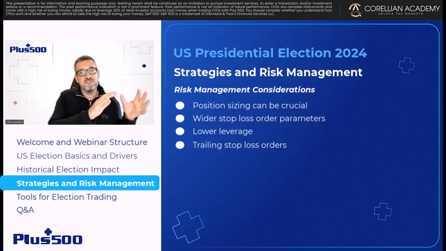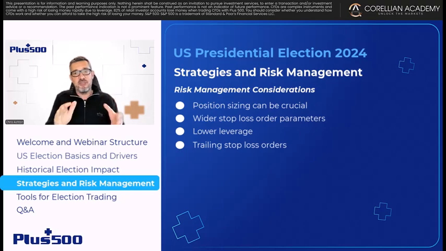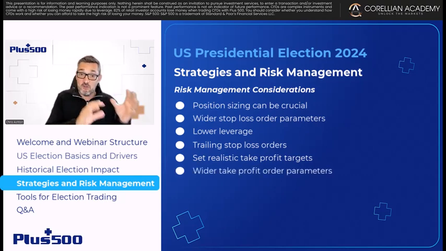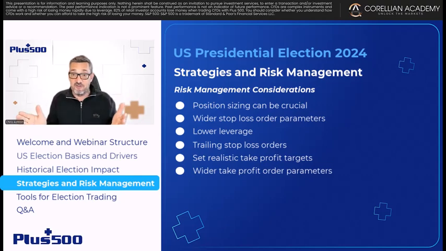Now, once you've considered your downside risk, think about your upside potential. Remember, it's always helpful to set realistic take-profit targets based on anticipated volatility and historical market reactions to the elections. If you have set wider stop loss levels to account for this extra volatility, then it's sensible to consider wider take-profit parameters to also benefit from that same volatility.